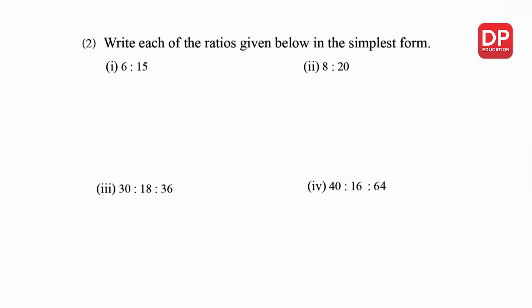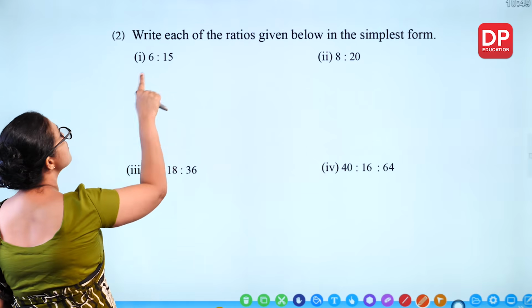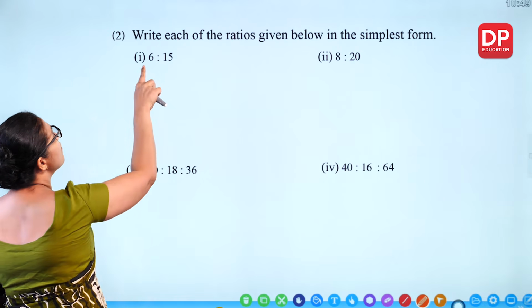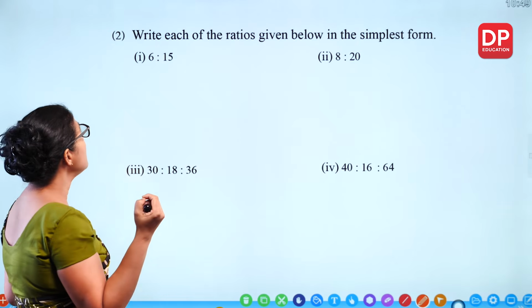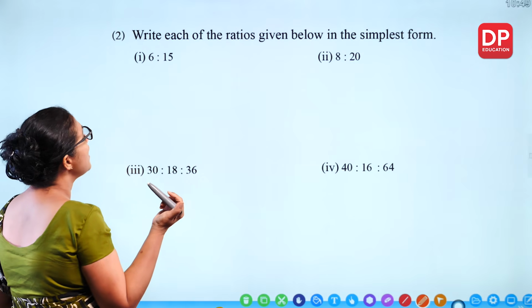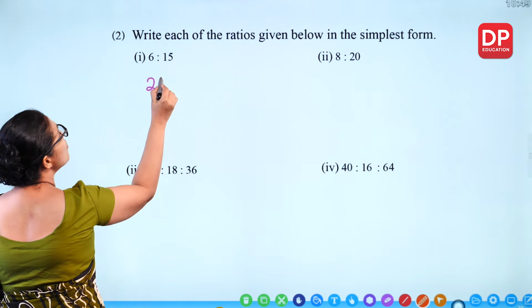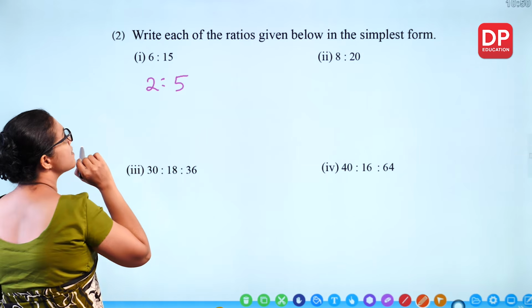Write each of the ratios given below in the simplest form. So see what's the lowest common factor. For 6 and 15 you can divide by 3: 2 to 5.